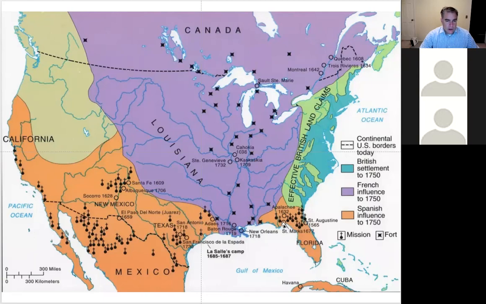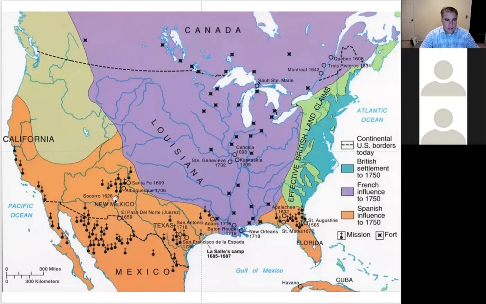So we're going to talk about Florida today because it's earlier and it represents some differences in success with Spanish settlement.